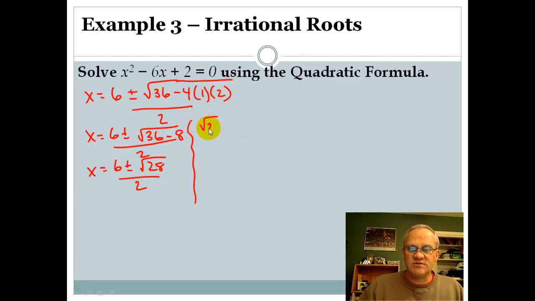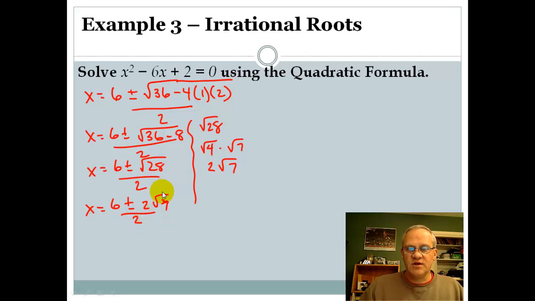Square root of 28 can be broken down into square root of 4 times the square root of 7. Square root of 4 is a perfect square, so this would be 2 square root of 7. So we can break the square root of 28 down into 2 square root of 7. So this is really going to be 6 plus or minus 2 square root of 7. That's a 7.